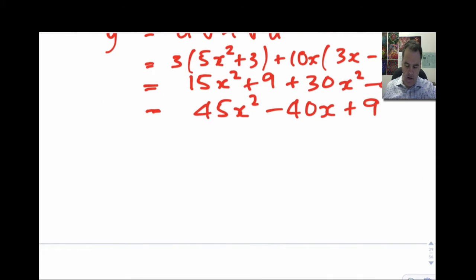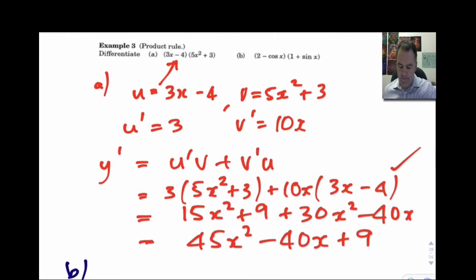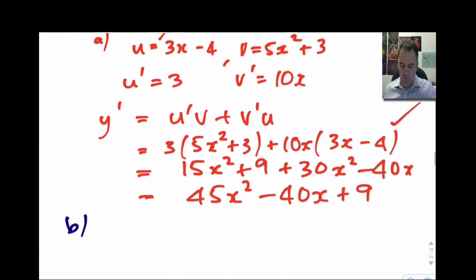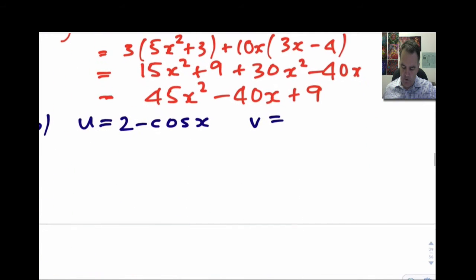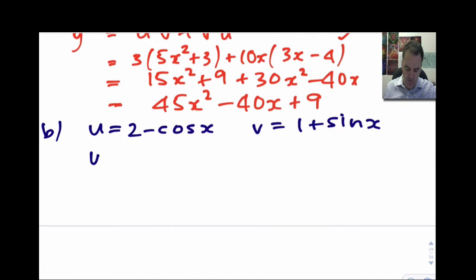So I can apply that now to part B of this question, which said 2 minus cos x and 1 plus sin x. So I'm going to say u is 2 minus cos x, v is 1 plus sin x. Okay, u dash.